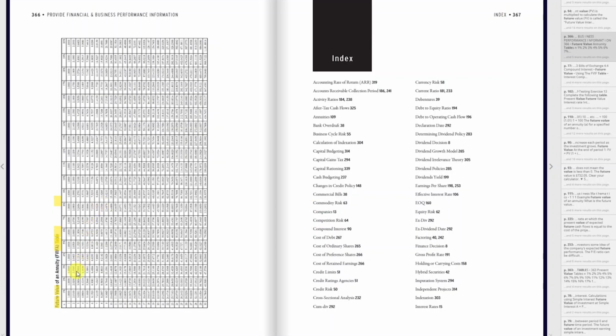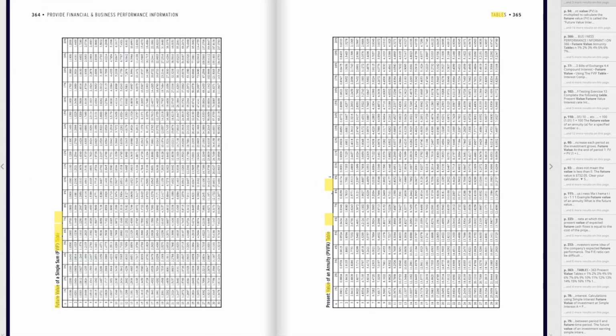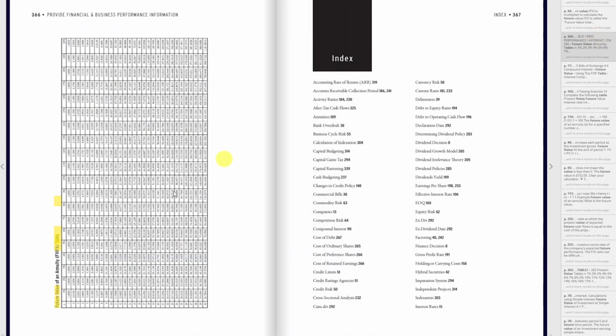Now, however, given we are looking at the future value of an annuity, instead of a future value table of a single sum, you will see that in the table here you have a single sum, which is a principal at the very beginning of the investment. That's 1.1268. But if you do an annuity, you need to refer to the future value of annuity table.